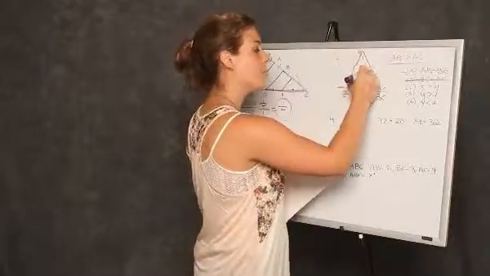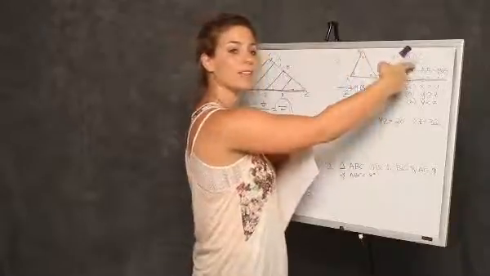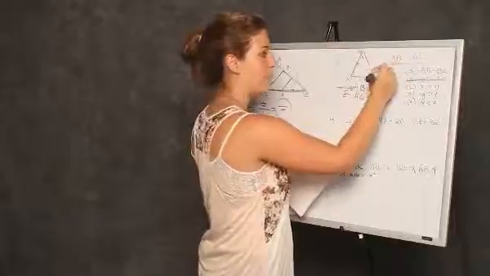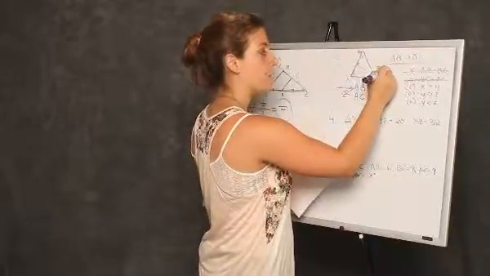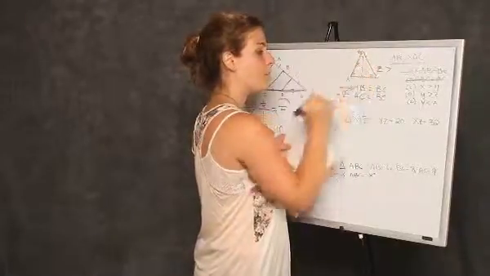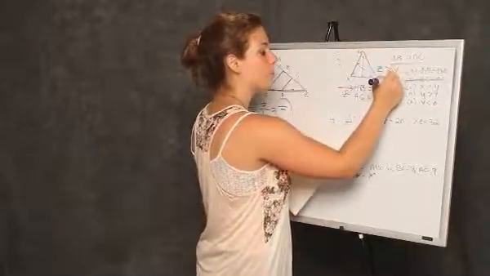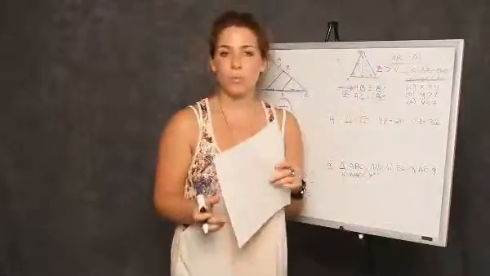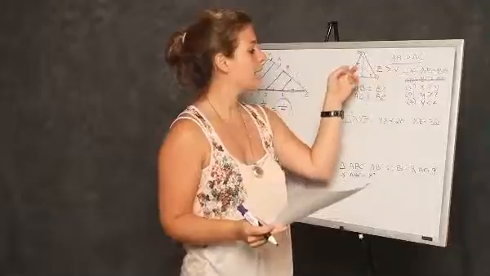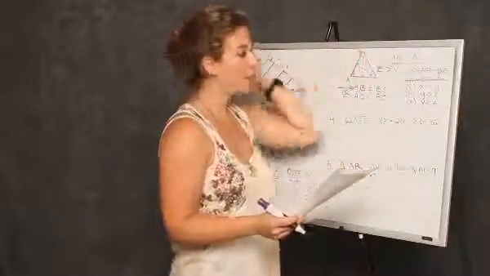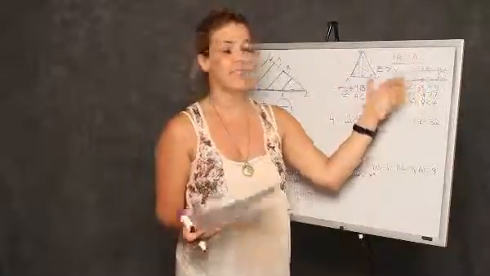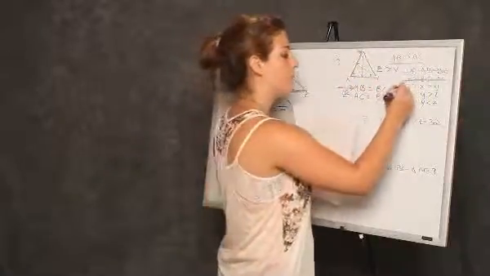So we automatically know, because AB is greater than AC, that the angle across from AB, which is Z, has to be greater than the angle across from AC, which is Y. So now we know that Z has to be greater than Y. We don't know anything about X and Y. We know that they could be equal or that they could be greater. So this is one of those where we're not sure about.